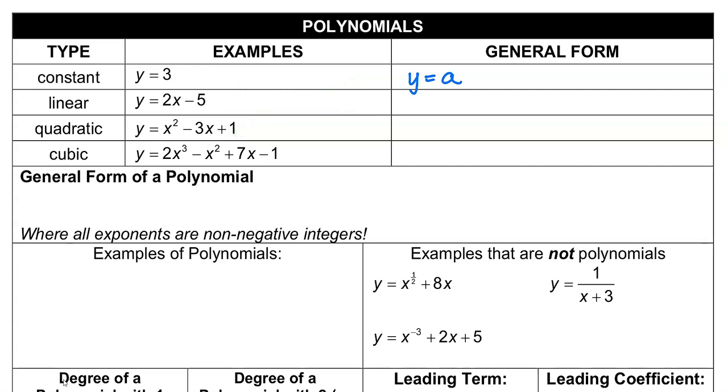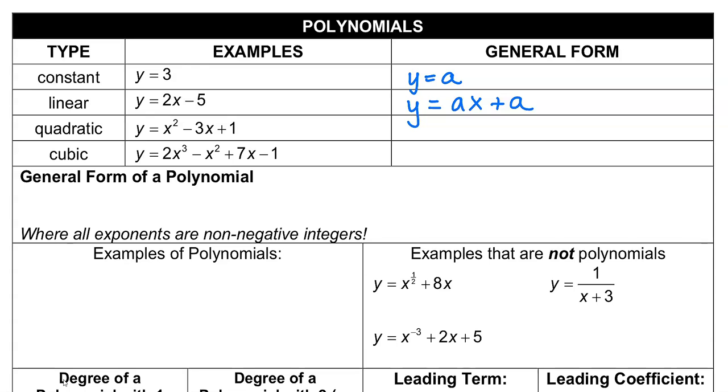Okay, but because I'm trying to write ultimately larger polynomials that can be of any degree, what I'm going to do is this. I'm going to write it as y is equal to ax plus a. Now, sometimes we'll do ax plus b, right? But I'm going to do ax plus a.